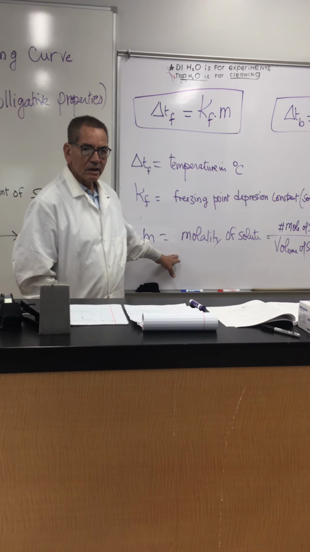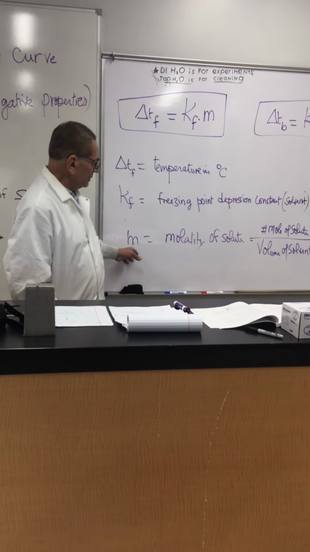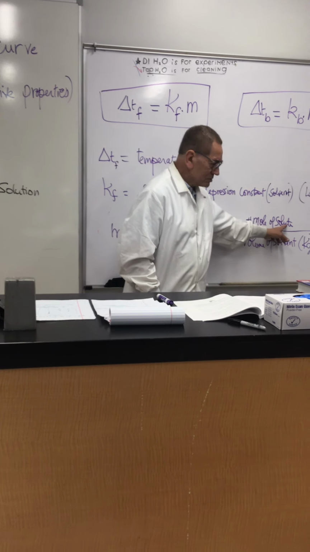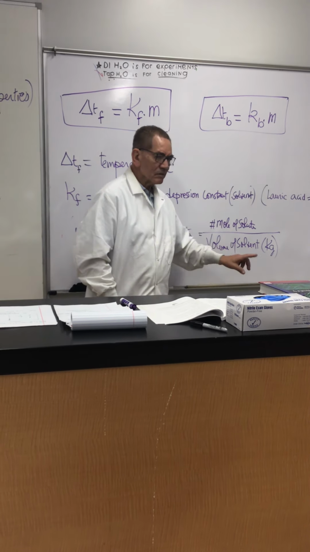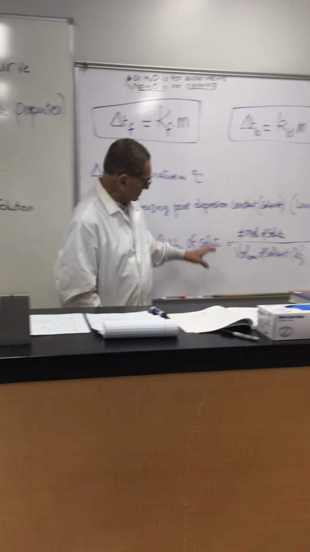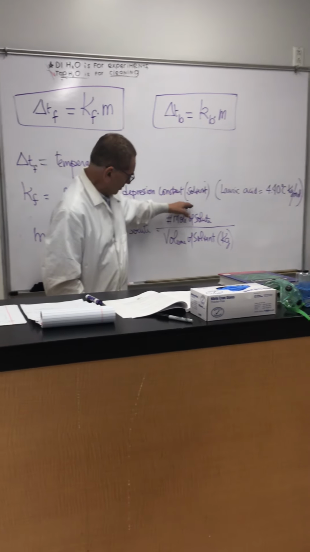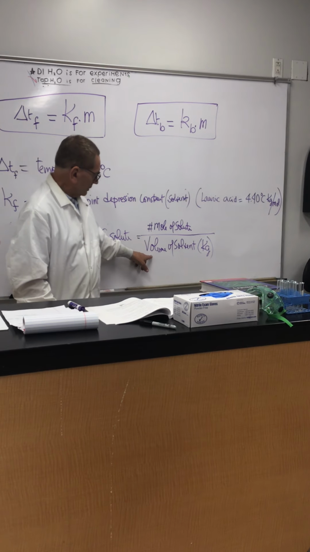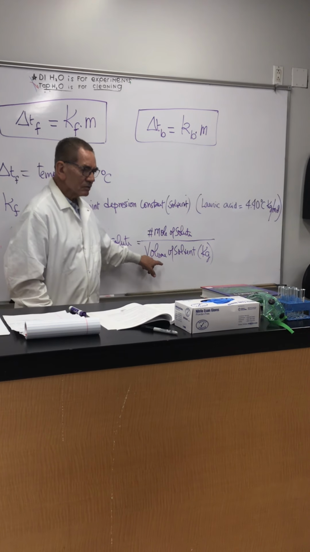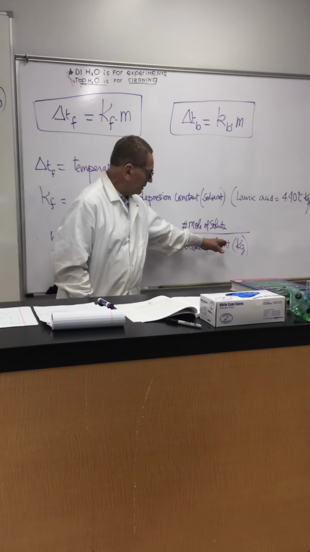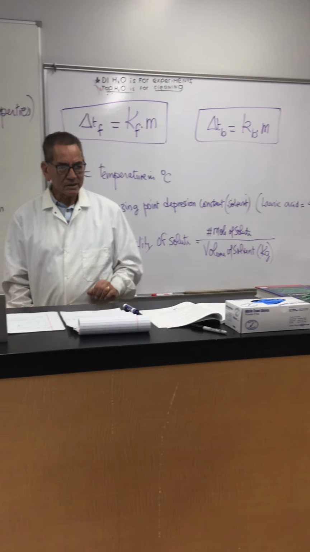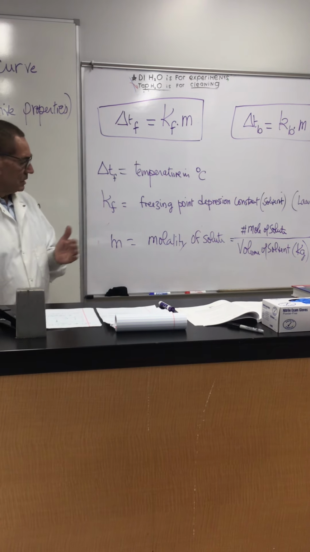It's very similar. However, molality is the number of moles of solute per kilogram of solvent. Recall that molarity is the number of moles of solute per liter of the total solution, including the solute. That's the difference between molality and molarity.